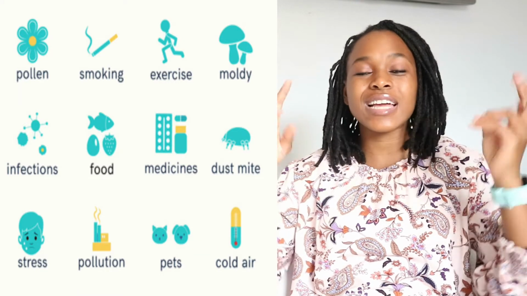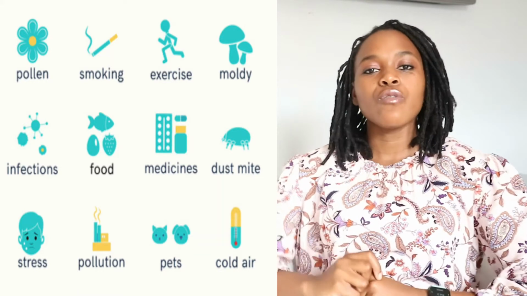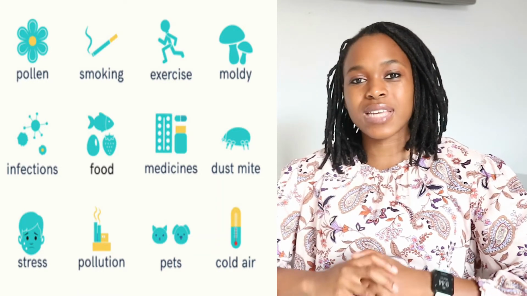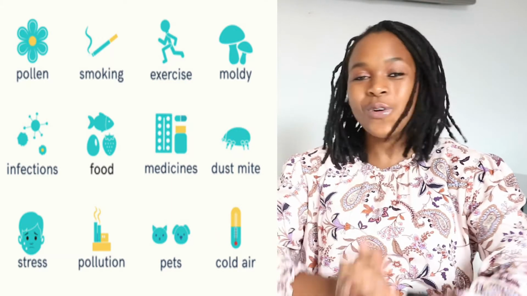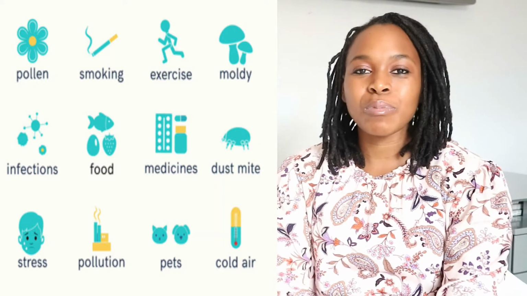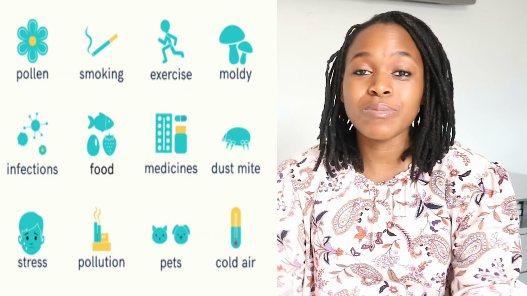So it kind of is like a stressful situation for you, causing that asthma attack. But overall, exercise is good. I will stress that all the time because it is my profession and I have seen the benefits of it.